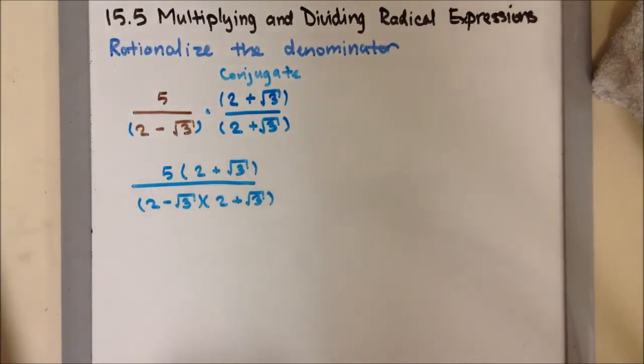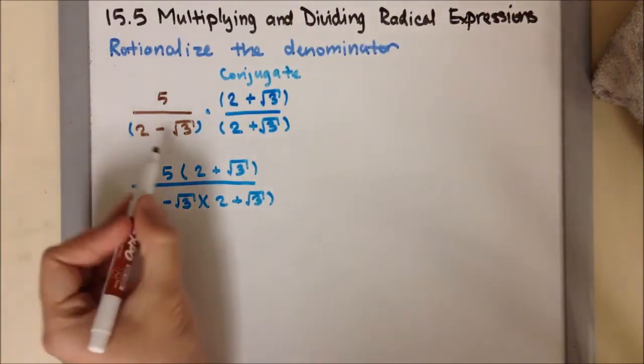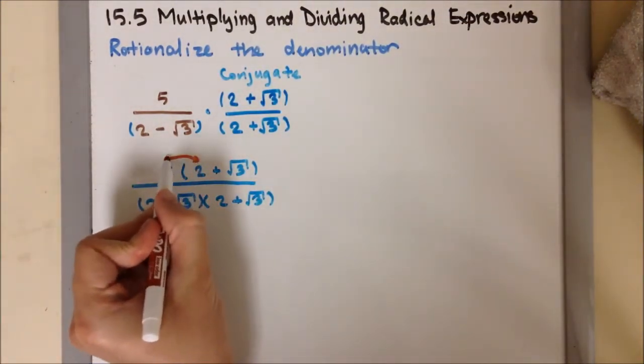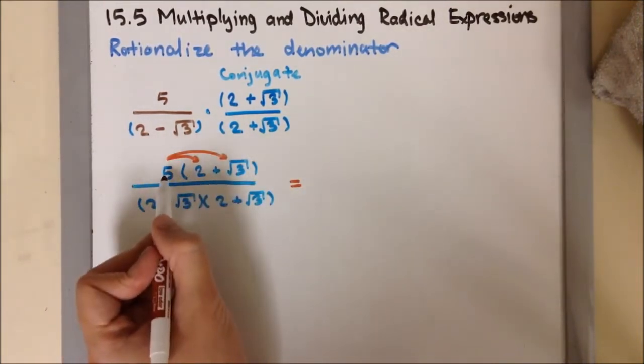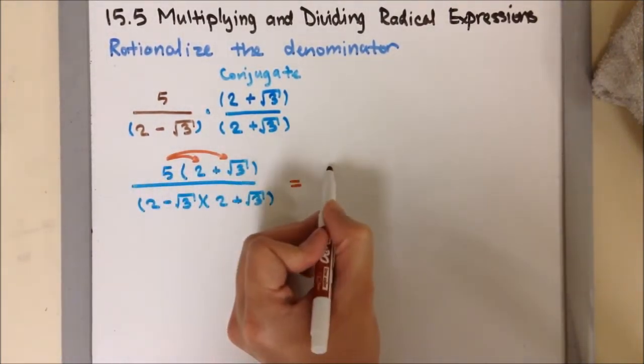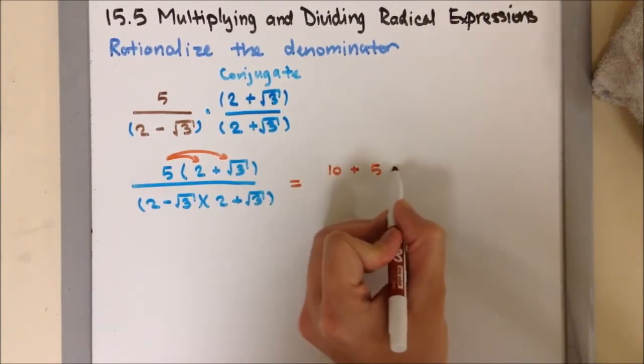But in the numerator, we're just going to basically distribute the 5 to the 2 and the square root of 3. So when I distribute the 5, I'm simply going to have 10 plus 5 square root of 3.